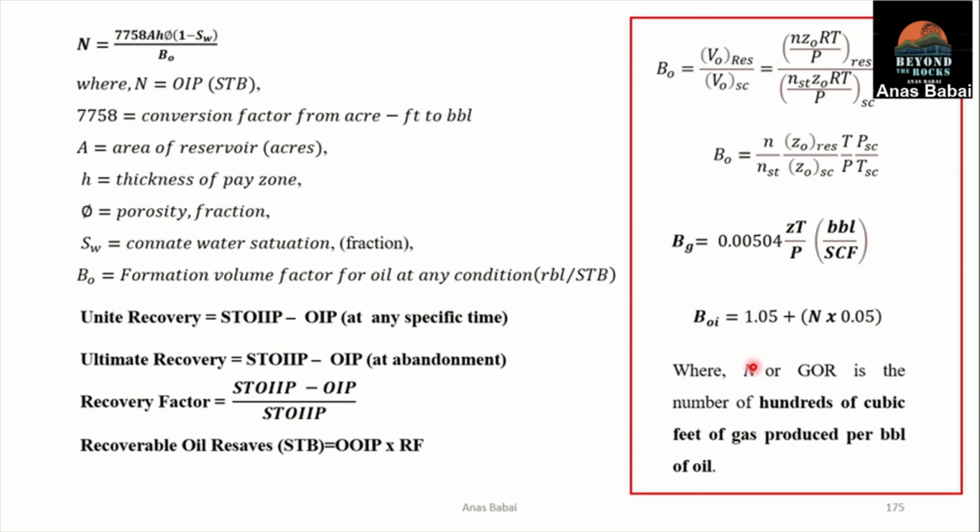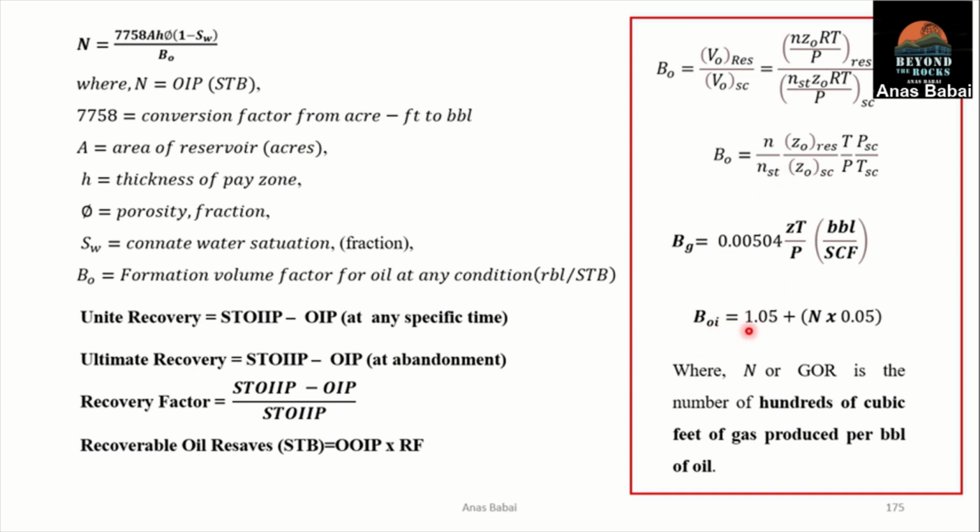For oil, the equation for formation volume factor of oil starts from the same point, but the only difference is that it's a correlation, so it's not a straightforward calculation as for the gas.